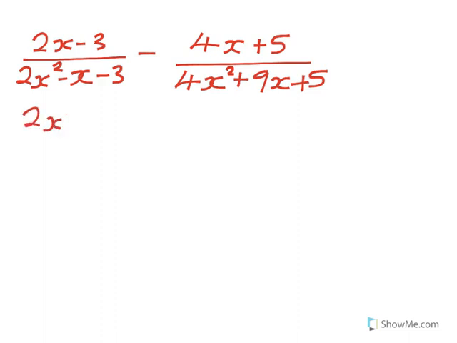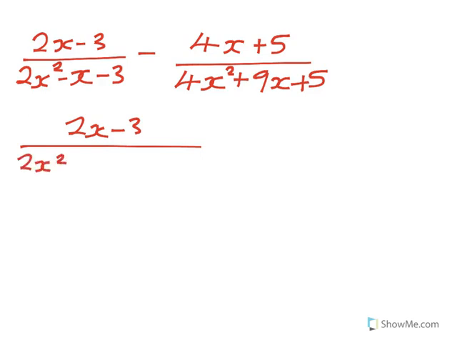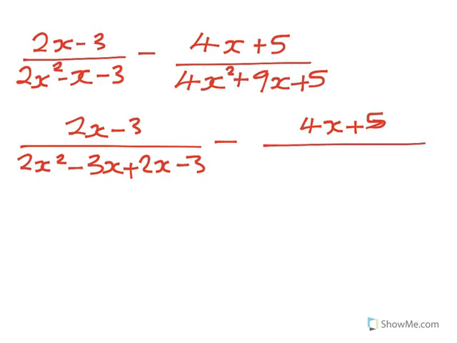It's 2x squared, minus x is the same as minus 3x plus 2x minus 3. For the second, I'm using the product and sum method, 4x squared plus 9x plus 5, where 9x is the same as 5x plus 4x.